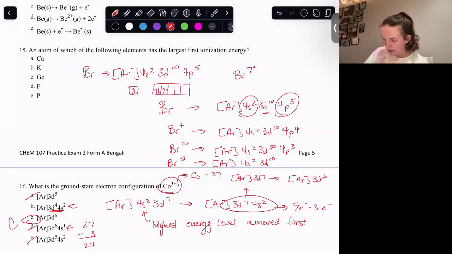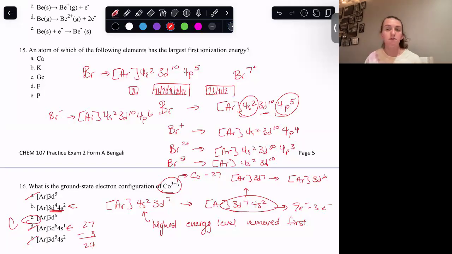We have a 3d orbital that's full. And then we have a 4p orbital that has one empty. So to make this bromine minus, this is now argon 4s2, 3d10, 4p6. You have to fill what's empty.